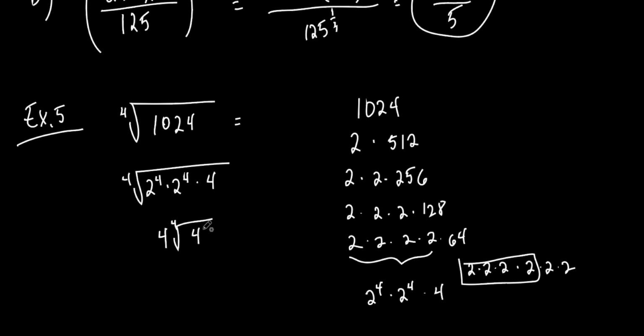What did I do wrong here, though? I messed up somewhere. Oh, I think I screwed up right here. I was trying to go too fast. Watch. The 4th root of 2 to the 4th, that's a 2, isn't it?